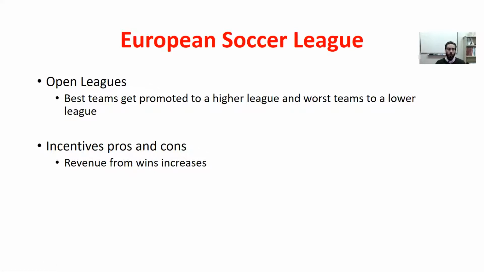So it puts this additional incentive on a team because if it wasn't like the European Soccer League, where you can be promoted or demoted, like the NFL, if I win 0 games, I still enjoy the revenue that comes from being an NFL team. If in the NFL you were one of the lower quality teams and you got demoted to like the Arena League or something, well, now there's a huge incentive to make sure I don't win 0 games. I at least win enough games to where I stay in this league, right?